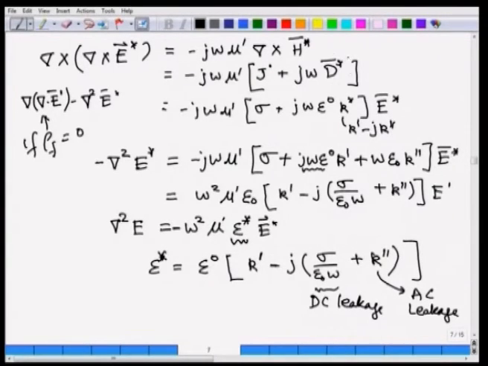This displacement current arises only because of time dependence, a time changing electric field, and that is what this k prime is leading to. It is this current which is flowing, which is going to heat the dielectric, loss of energy that is due to k prime, whereas j, which is sigma times E, is a DC conductivity, and that is the DC part of the loss. If both these quantities are 0, then the dielectric will be perfectly non-leaky.